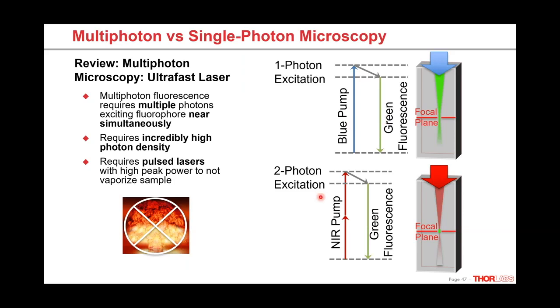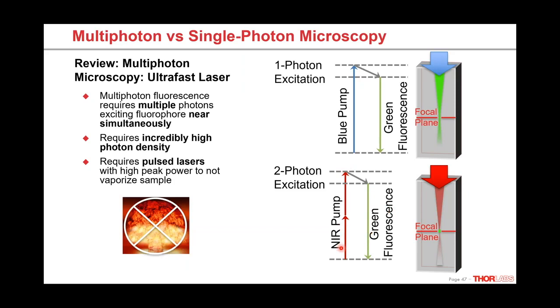Now, the same process can occur at very high light intensities. Two different photons can sum their energy to a single electron in a fluorophore, exciting that electron up to the excited state. After that, it passes through the same fluorescence pathway and then emits a photon that now has more energy than the excitation energy used to excite the electron.